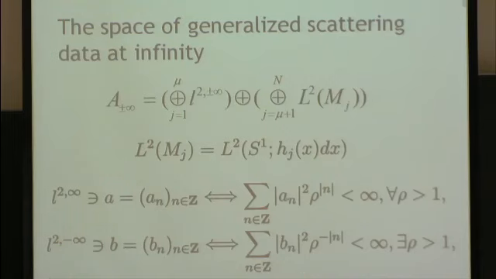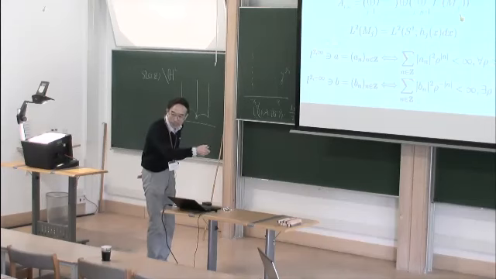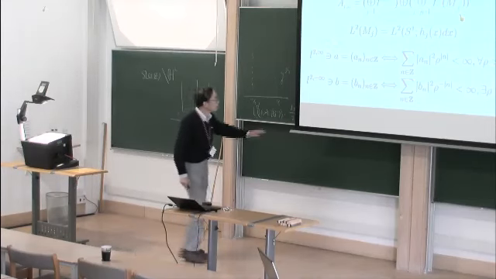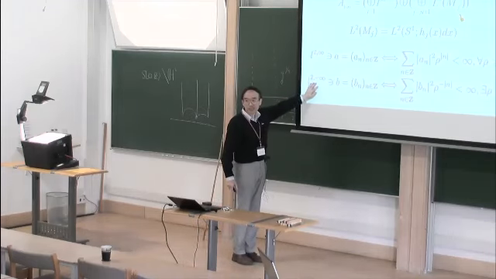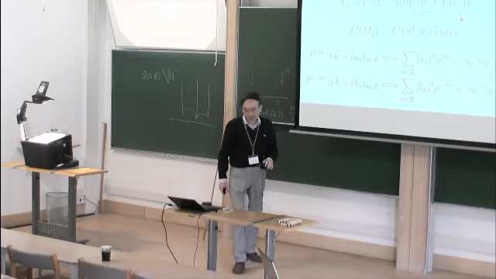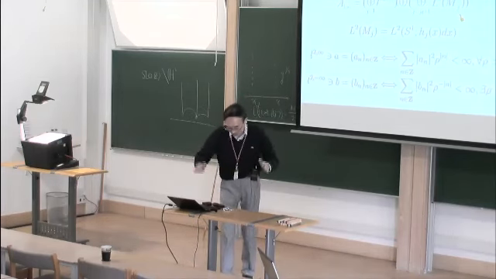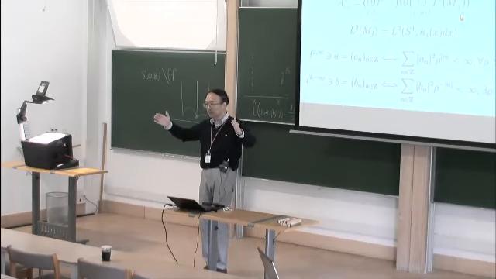For the case of the cusp, it consists of an infinite series, where this is exponentially growing, and this is exponentially decaying. And if you associate a Fourier series to these coefficients, you have an analytic functional on the boundary.